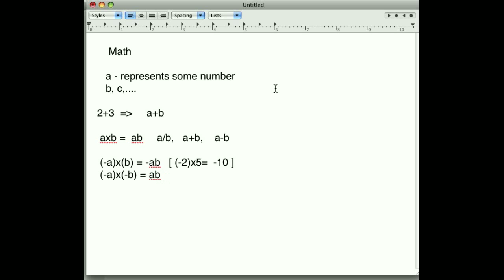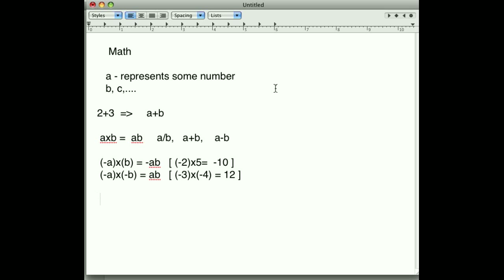And if we take an example from numbers, if you multiply minus 3 times minus 4, the result will be 12. Not minus 12, but 12.